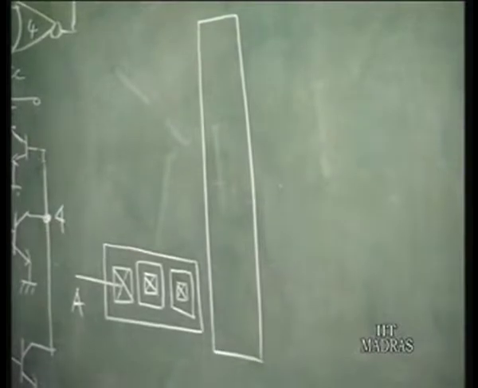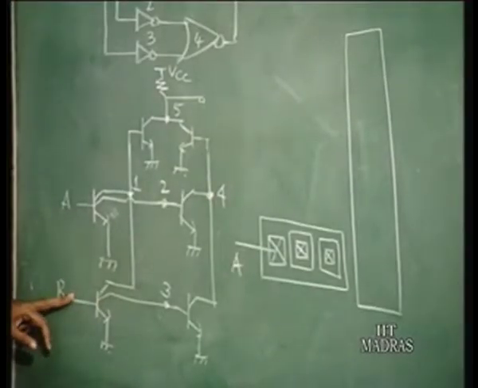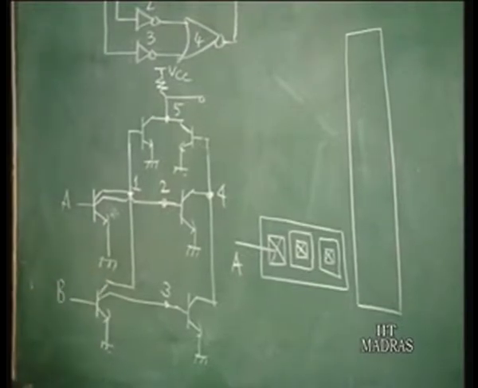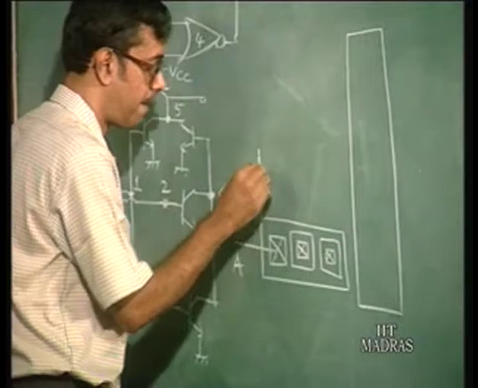Okay, then similarly you have another transistor at the base of which you have input B, and you again have 2 collectors. So I can draw it like this.